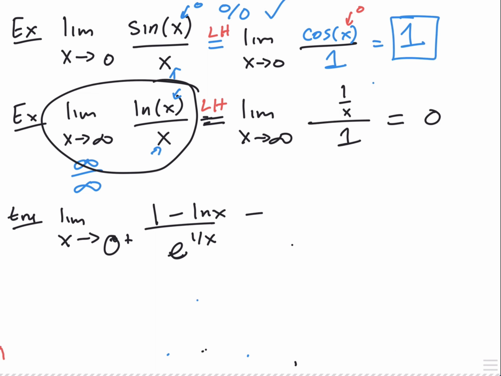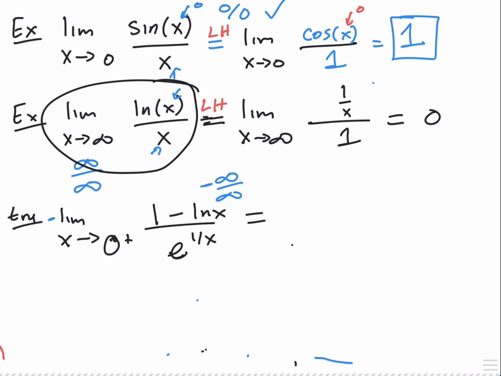Okay, so we decided it is infinity over infinity, right? Question: what if I had minus infinity over infinity? Would I still be able to use L'Hopital's rule? You can. Yeah, the sign of infinity doesn't really matter, because you can always factor out the minus 1, since it's just a constant.